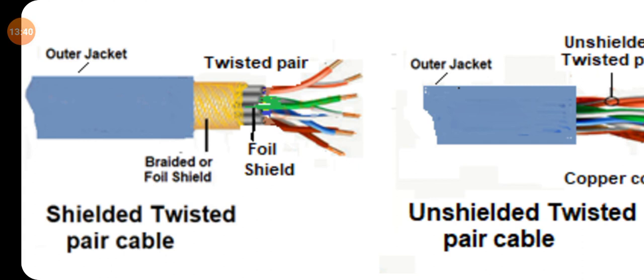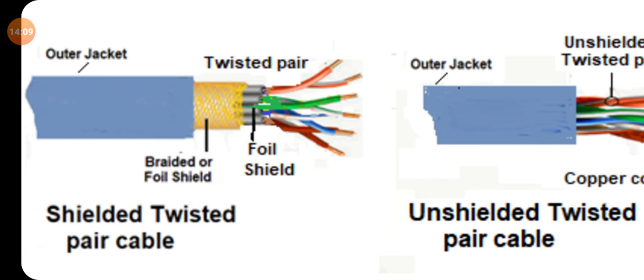When data moves from one wire, it follows its own path, and when data moves from another wire, it follows its own path. So no overlapping of data signals, so there is no crosstalk. Clear? So that is why we use twisted pairs. Understood the advantage of twisting the cables?